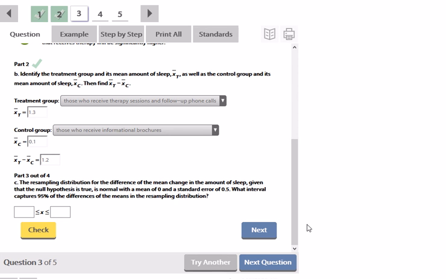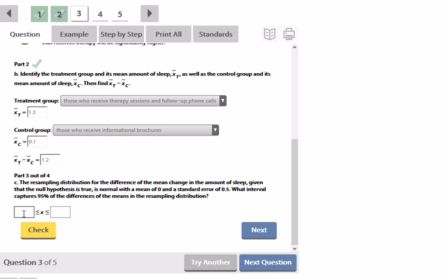The resampling distribution for the difference of mean change in the amount of sleep, given that the null hypothesis is true, is normal. Okay, so we have a normal curve with a mean of 0 and a standard error of 0.5. What interval captures 95% of the differences of the means in the sampling distribution? Okay, so 95% is roughly 2 standard errors away from the mean.